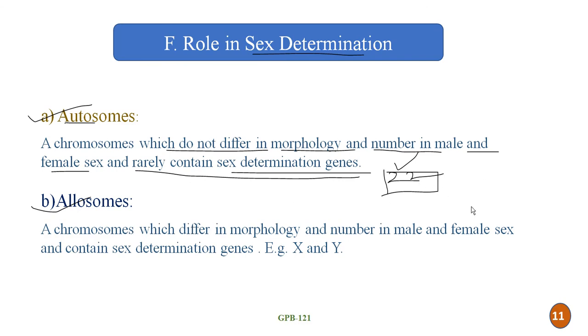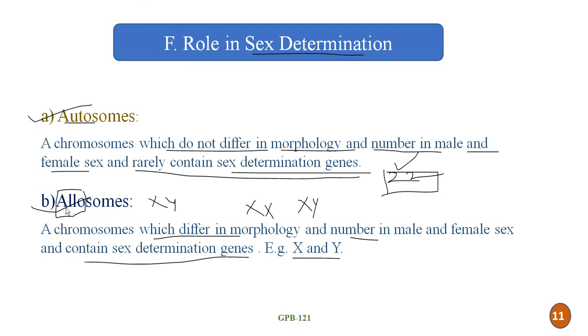While the 23rd pair is X and Y, which differ in morphology and number in male and female, because the human female has XX while the human male has X and Y. So they are different in number and also in morphology in male and female, and they contain the sex determination gene, so they have a role in sex determination. So they are called allosomes. Allo means different.